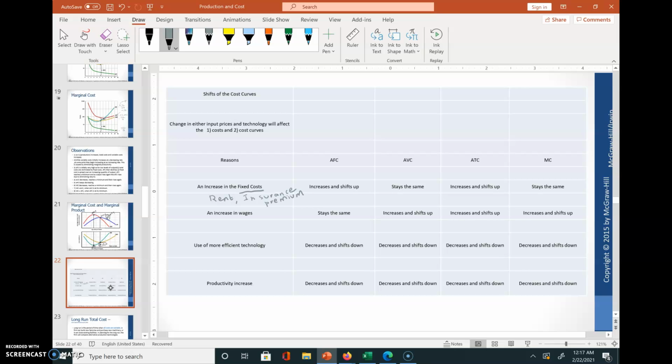If fixed cost increases, the average fixed cost increases and the average fixed cost curve shifts up. Same with the average total cost curve. However, the marginal cost curve will stay the same.